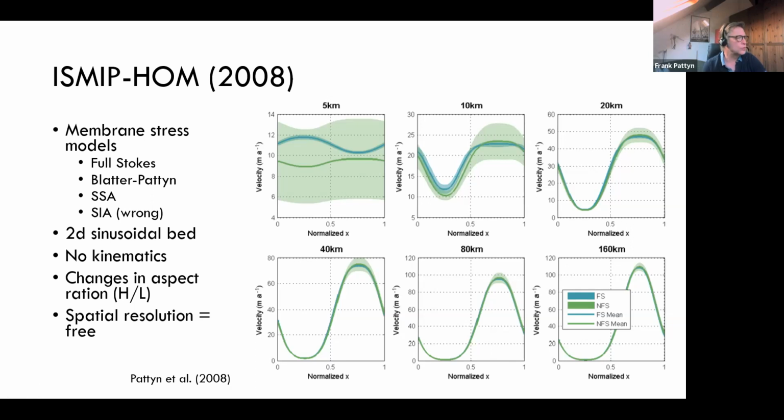This was also an experiment in which, for the first time, the spatial resolution was set free, so everyone could choose their own spatial resolution, which is normally a function of the problem you solve. So the experimenters were asked to use a resolution in which they thought the problem was solved. So it was not a setup.